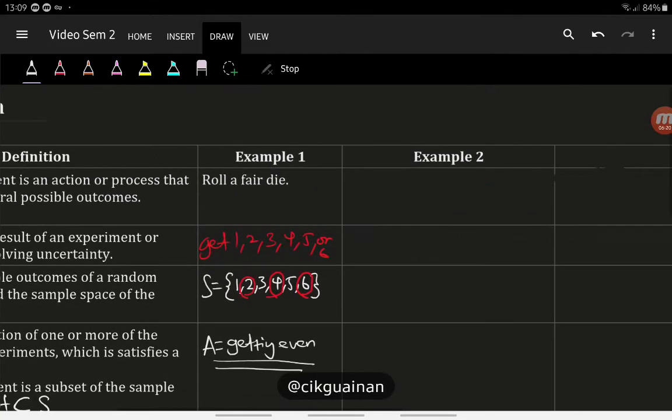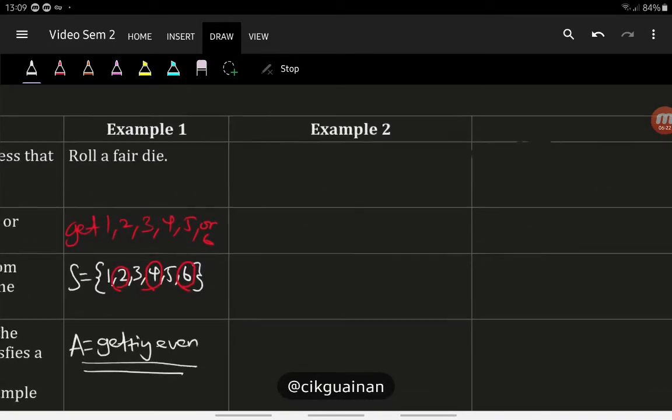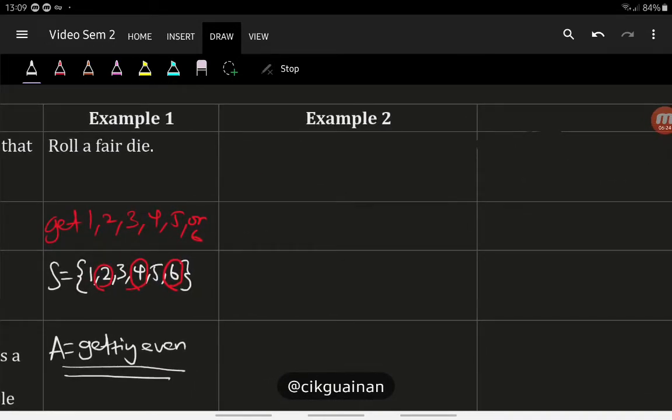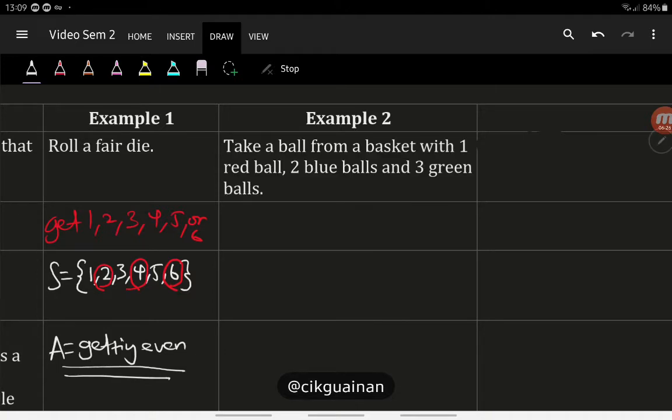Now let's consider the second example. Take a ball from a basket with 1 red ball, 2 blue balls, and 3 green balls. So, what are the outcomes?